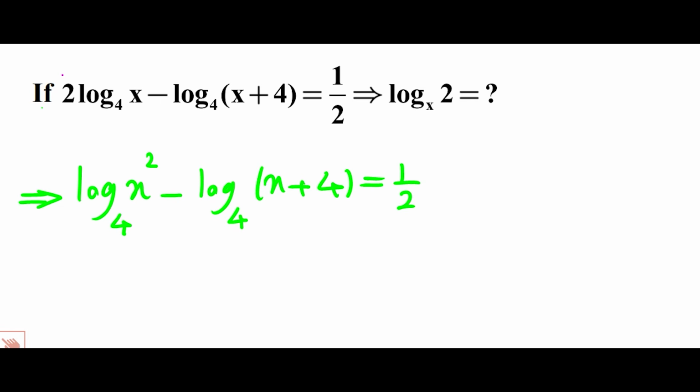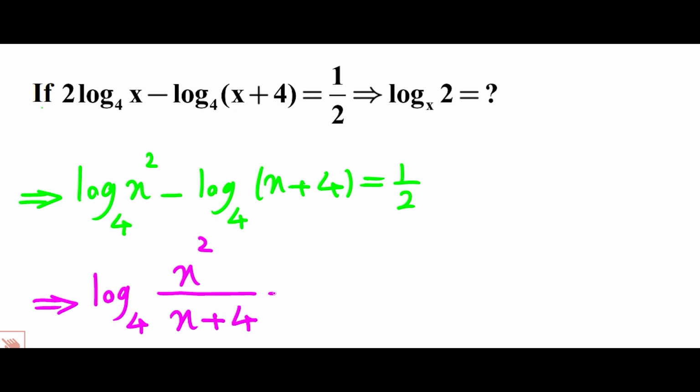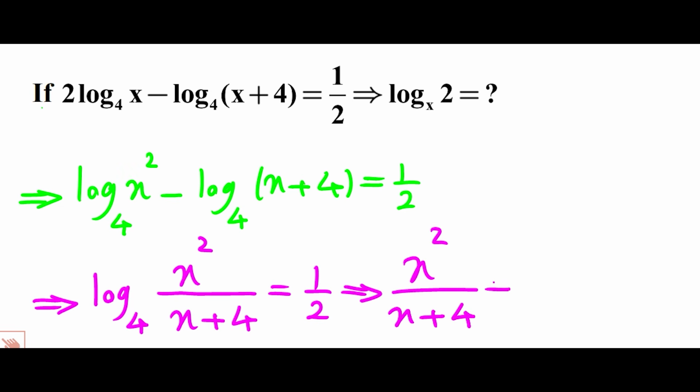Now using the quotient rule, log base 4 of x squared over (x plus 4) equals 1/2. So we have x squared over (x plus 4) equals 4 to the power of 1/2, meaning the square root of 4, or 2, right?